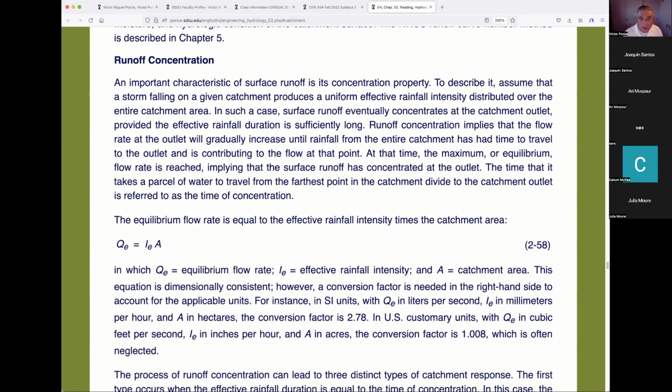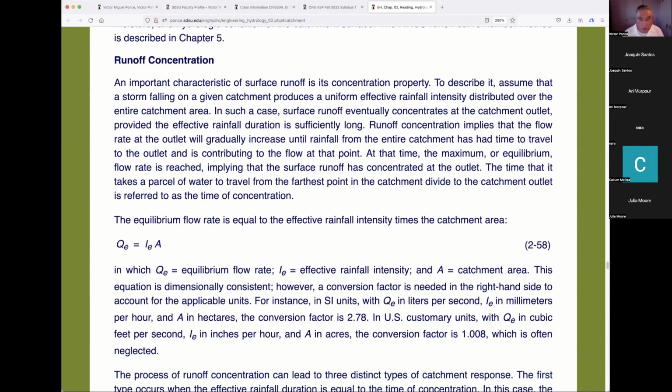What is going to be the discharge? Q sub E, equilibrium flow rate. There's going to be an equilibrium flow rate, and it's going to be equal to the effective intensity, constant, times the area. That is the formula. That is a conceptual formula, and I would say also a deterministic formula. There is no other formula to describe this.